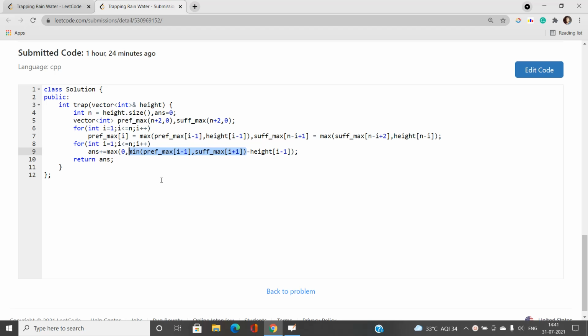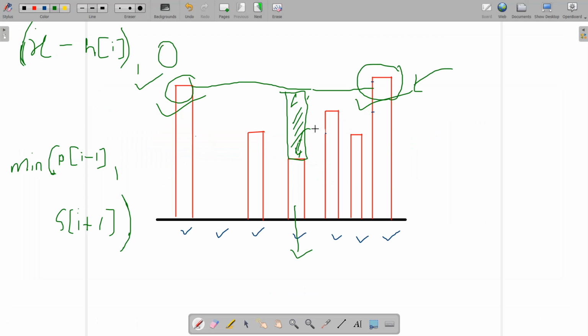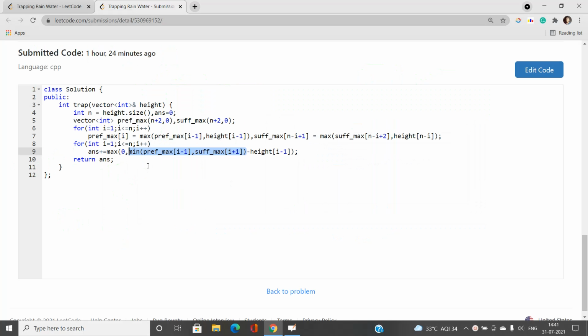Okay, why am I going to find the minimum? You can see that water is going to be accumulated up to the minimum position among the two values that I have found now. So what would be the amount of water accumulated over here? It would be max of 0 and that value that I found now minus the height of this current wall.